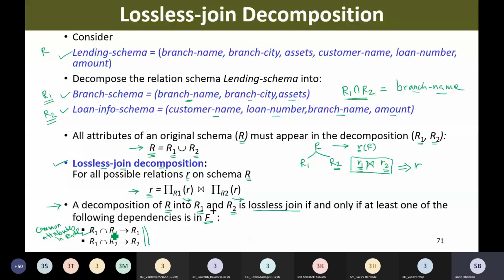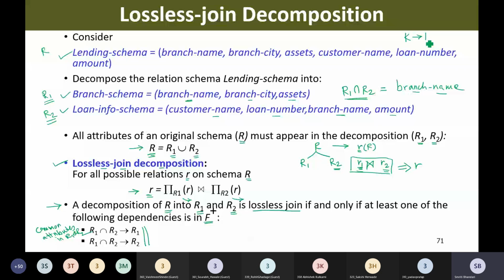We have seen functional dependencies of the form K determines R, where R is my relation schema. So if some set of attributes is determining all the attributes in the relation, then we say that this is my super key. We have seen this earlier.